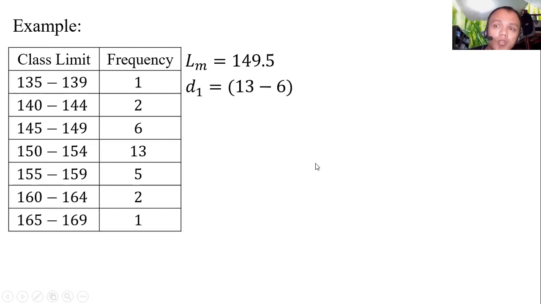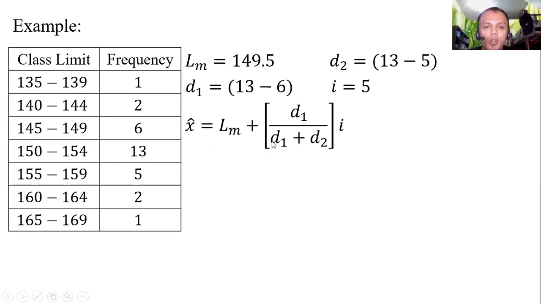Now, let us find the mode of the given data using this formula.